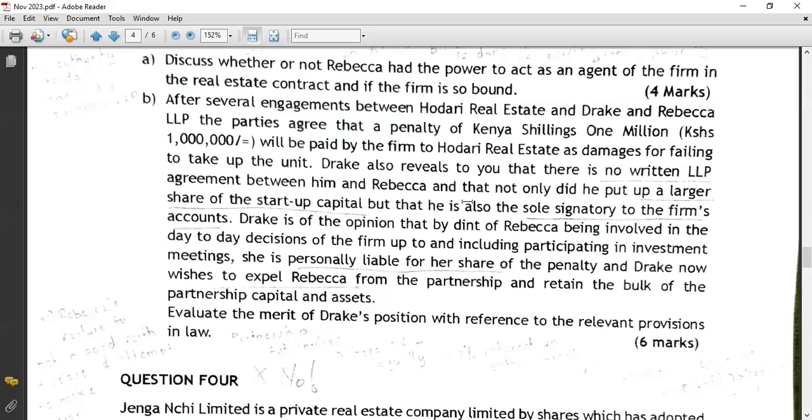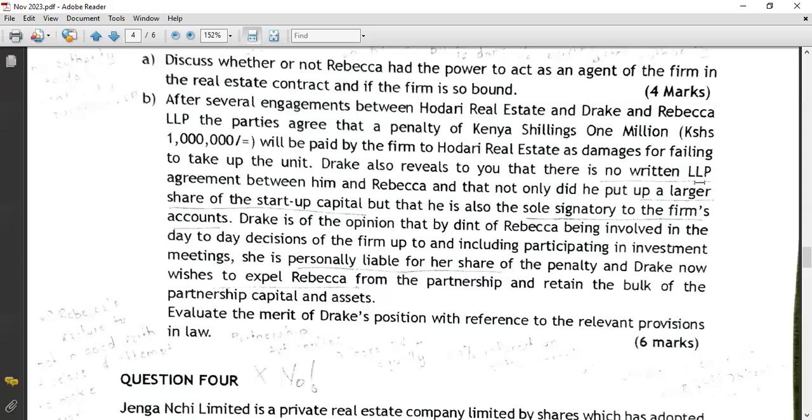So this question, first of all, despite what Rebecca did, the company had a meeting, both of them. Then they agreed that the company is going to charge the partnership a penalty of 1 million for not taking the unit.